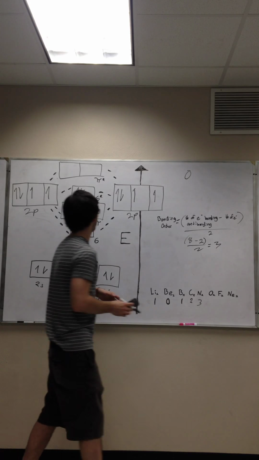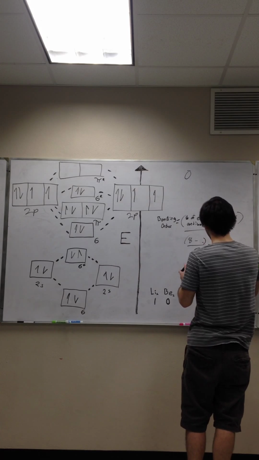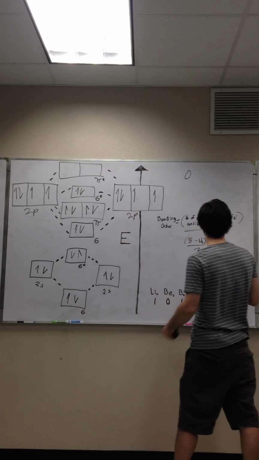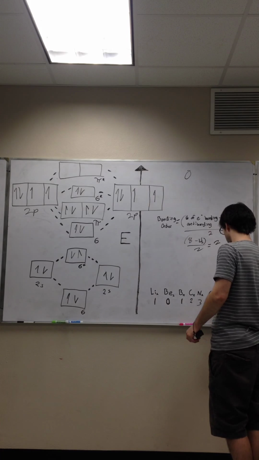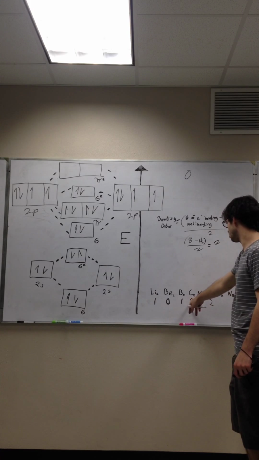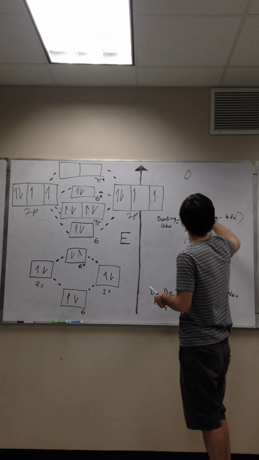So let's go ahead and calculate it. We have 2, 4, 6, 8, still the same, minus 4 electrons in the anti-bonding, and this will actually come to be 2 again. So O2 is just as likely to form as C2, stronger than B2 and Li2, but not as stable as nitrogen.